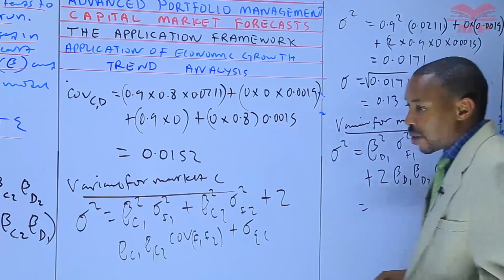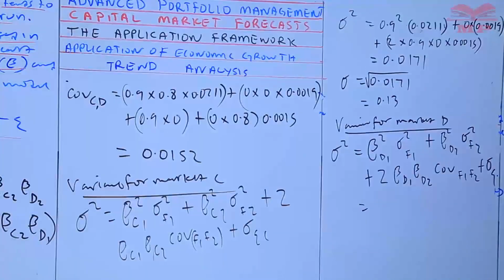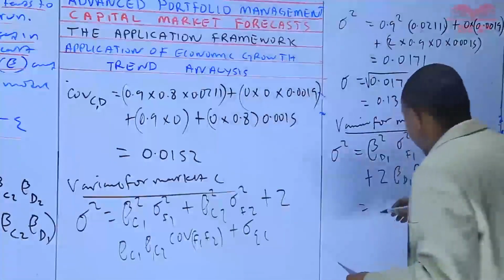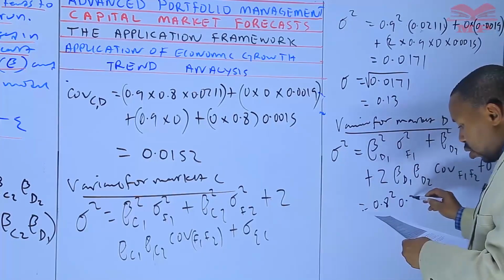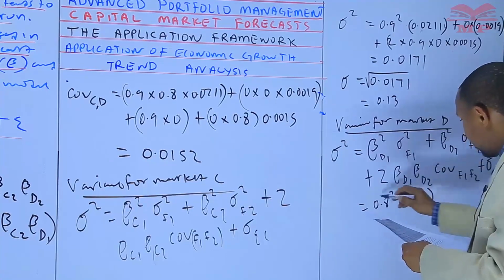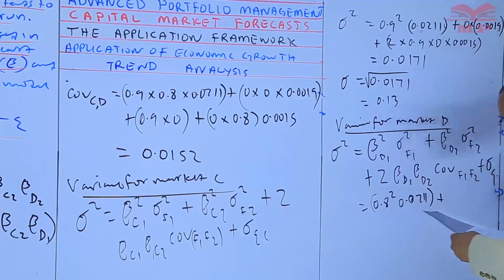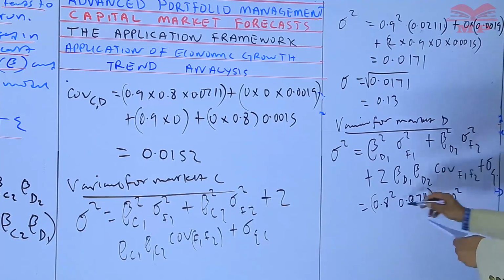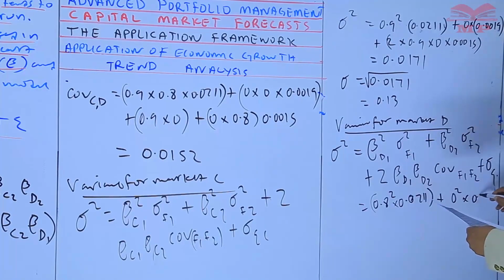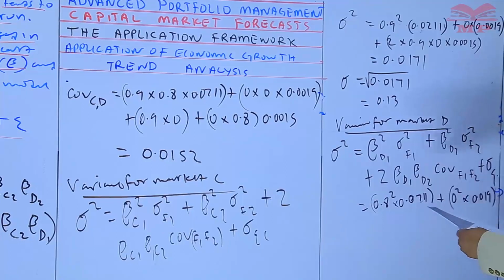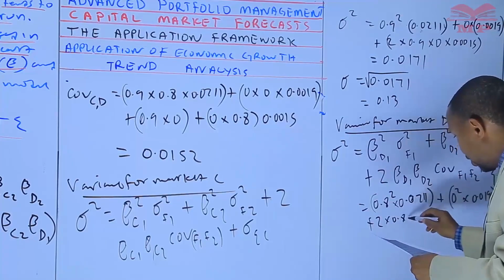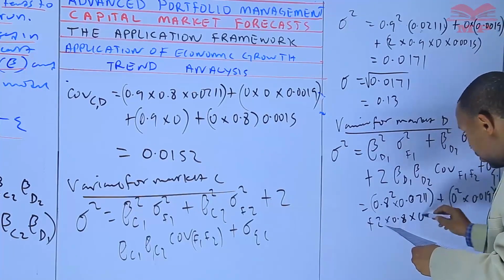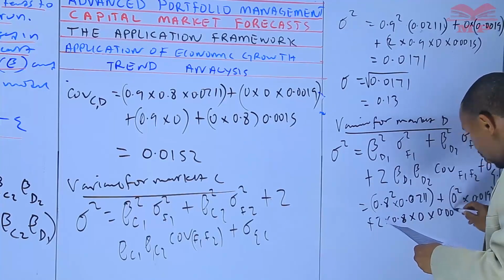So putting it all together, how much do we have? We have 0.8 squared multiplied by the variance 0.0211, then plus 0 squared multiplied by 0.019, plus 2 times 0.8 multiplied by 0.0015.